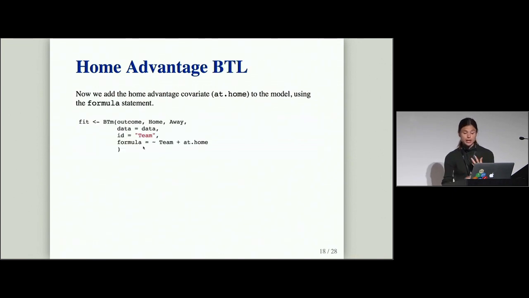Our formula will just use the formula syntax that we're familiar with in other standard models in R. We'll use the tilde, and then we'll just give the variable names for the team and the home advantage covariate. Once we've done that, that's all that we need to bring in this additional factor.